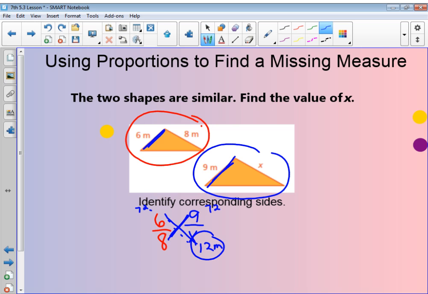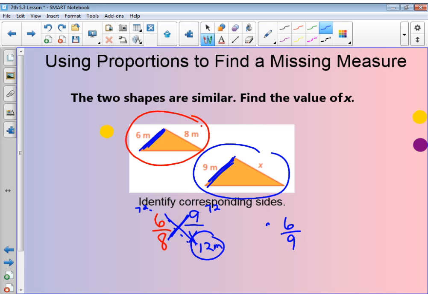Now, the other way that some people might set it up is they may set up their proportions doing same sides. And this comes in handy later on when we're working with some area situations. So you have to be comfortable using either. When I set up my proportions with similar figures, I like to set them up as the same fraction from the same figure. But another method of setting this up would be to do my blue sides with one figure.